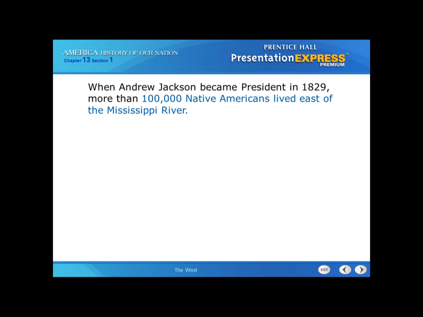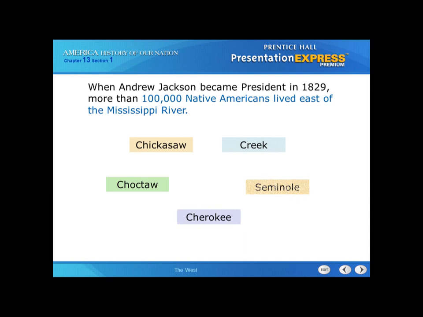When Andrew Jackson became president in 1829, more than 100,000 Native Americans lived east of the Mississippi River. Here you see a number of nations. You have the Chickasaw, the Creek, Seminole, that's in Florida, the Cherokee, and the Choctaw.